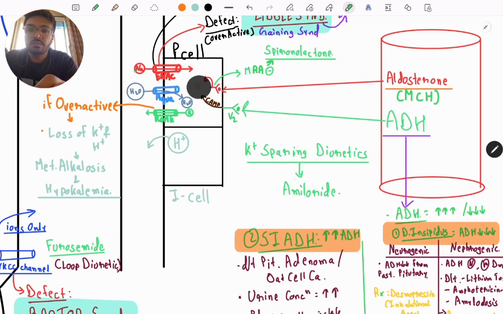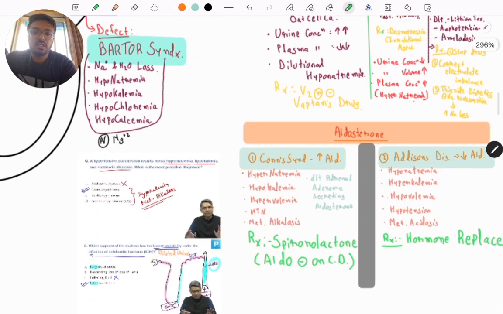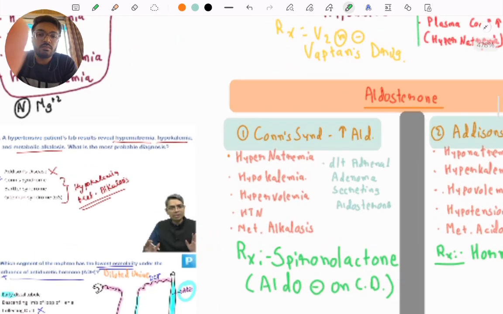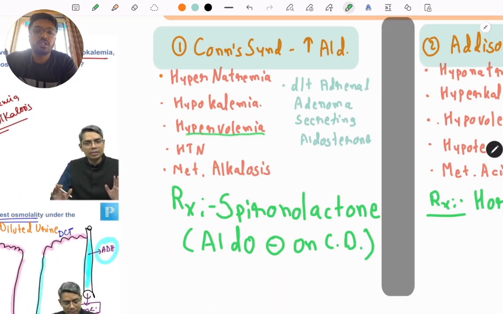So it will lead to hypernatremia, hypokalemia, and metabolic alkalosis. I have mentioned all this here, and also it's taking in too much water. So we also will have hypervolemia, hypertension, and as mentioned, metabolic alkalosis.